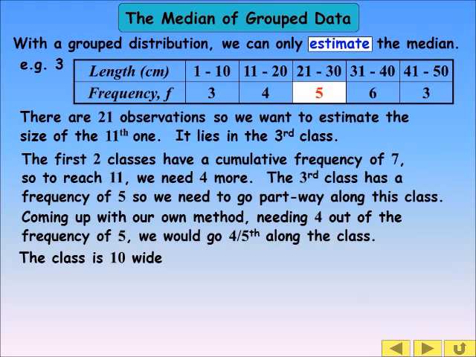We must work out the proportion. Out of the frequency 5, I need 4, which means 4 over 5 along this class.